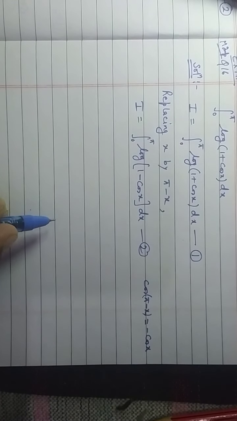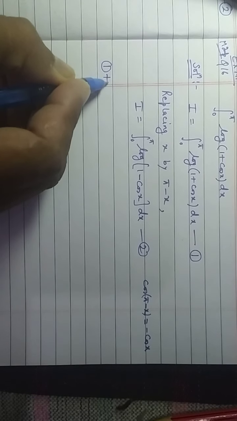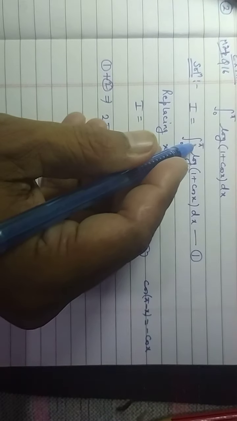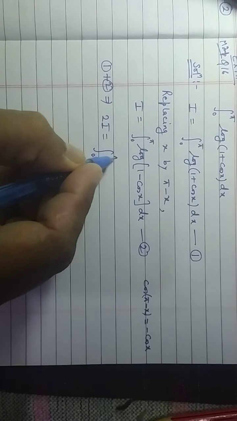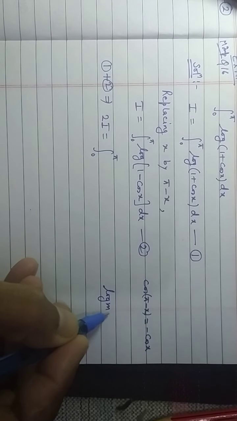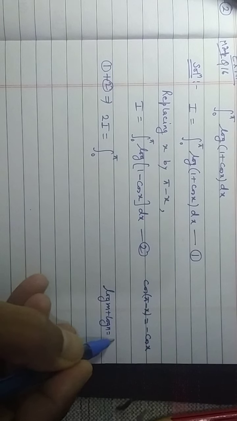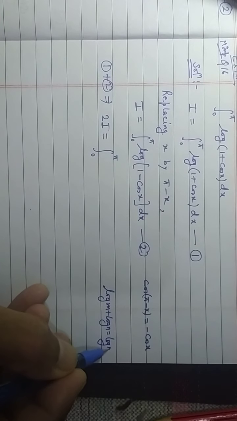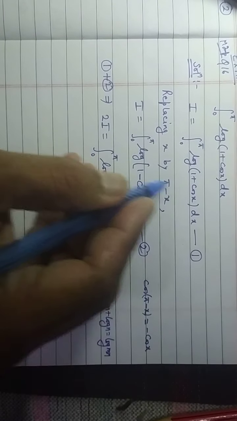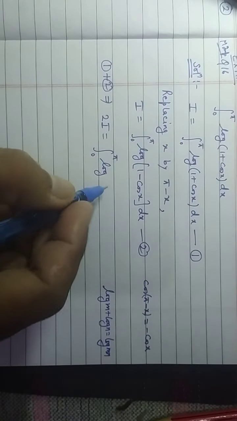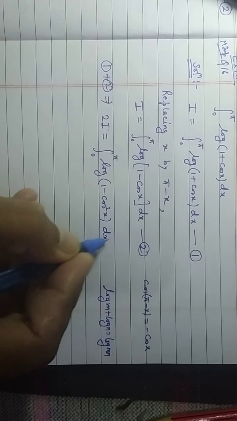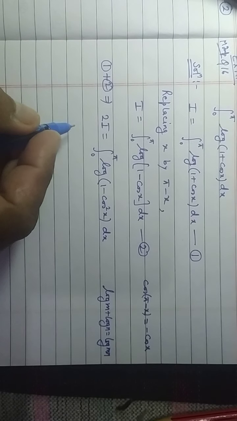Now adding 1 and 2: I plus I, 2I, is equal to the integral from 0 to pi of log m plus log n. And we know the formula, log m plus log n is equal to log mn. So log of (1 + cos x) times (1 - cos x), it is 1 minus cos square x, using (a + b)(a - b) = a square minus b square.